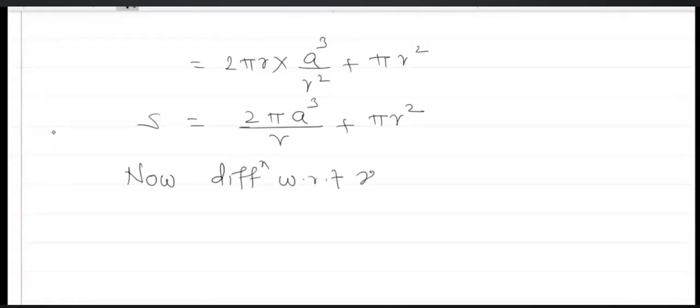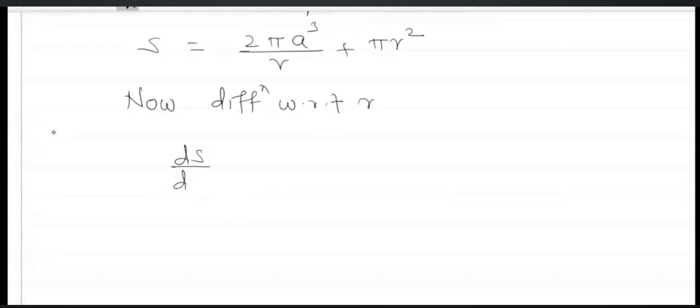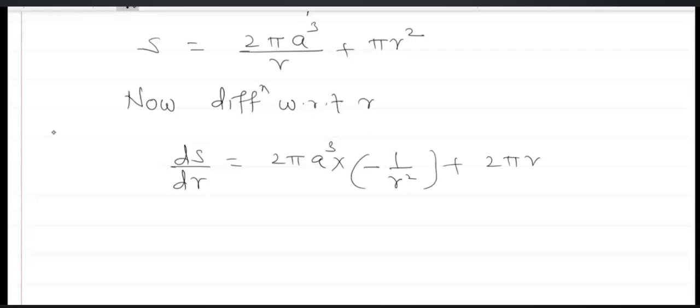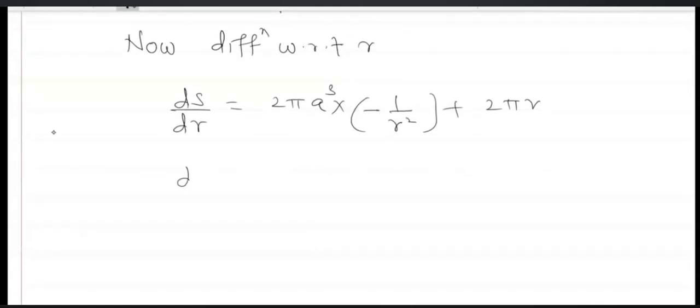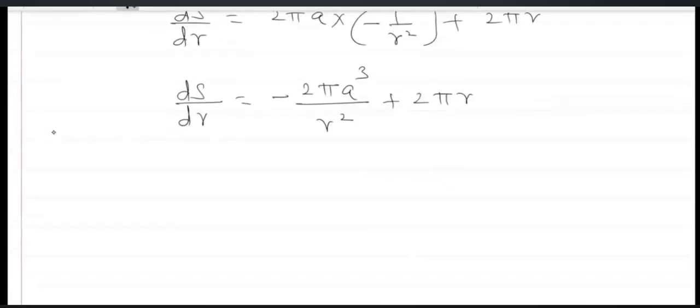Now differentiate with respect to r. ds upon dr is equal to 2 pi a cube into the derivative of 1 upon r, which is minus 1 upon r square, plus 2 pi r. Therefore, ds upon dr is equal to minus 2 pi a cube upon r square plus 2 pi r.